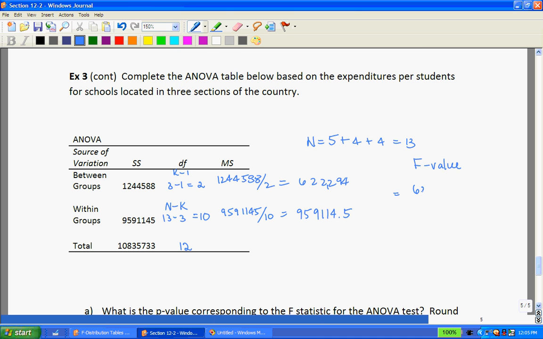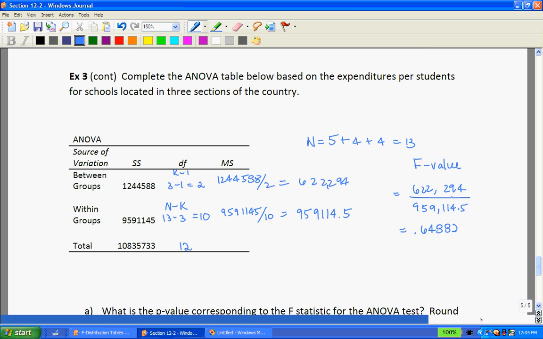So I'll take my 622,294 divided by 95,914.5, and that should give me my F, and I get 0.64882, which is probably plenty of decimal places.